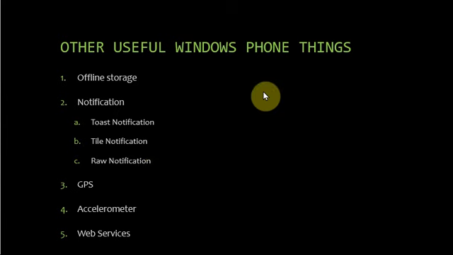We are also going to see the usage of external resources to improve the quality of your application. External resources here means a web service, accelerometer, GPS, all those things. So these are the few things we are going to see.